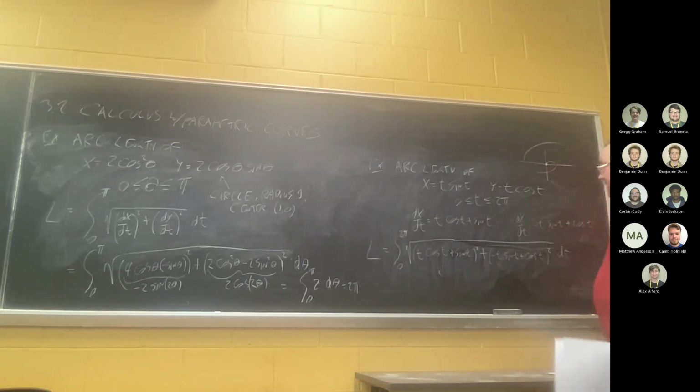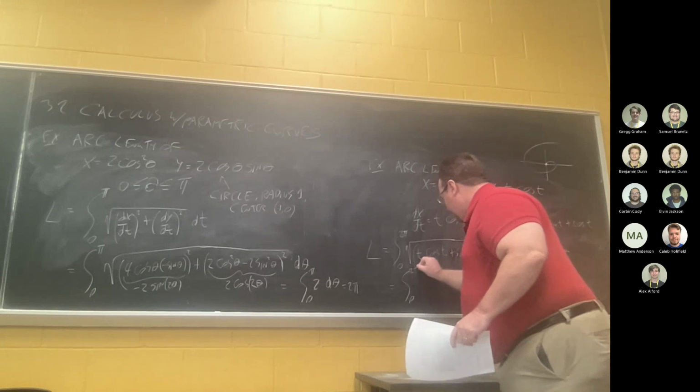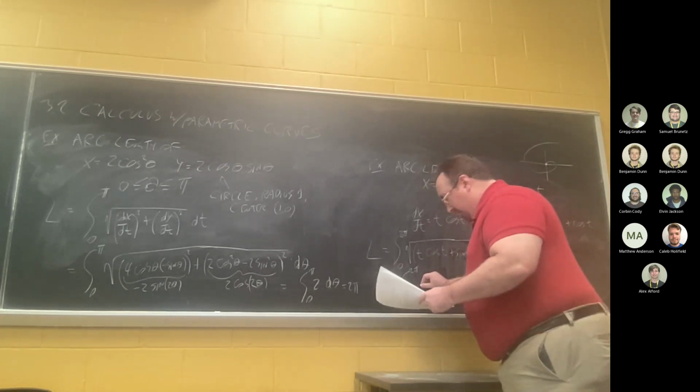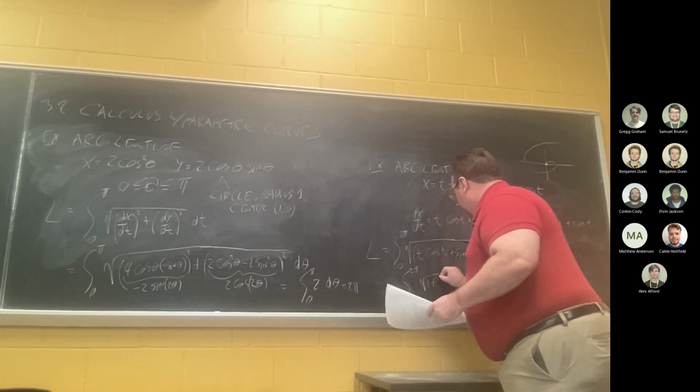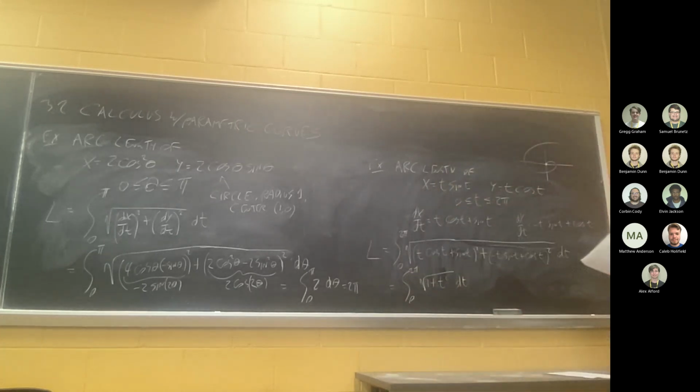Okay, and what will happen if you FOIL these out? As you can expect, a lot of sine squared plus cosine squared equals 1 is going to happen. It doesn't collapse to a constant this time. But you do get something similar, the integral of the square root of 1 plus t squared dt.